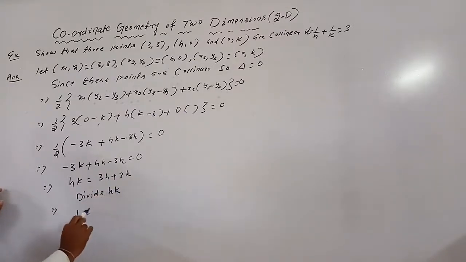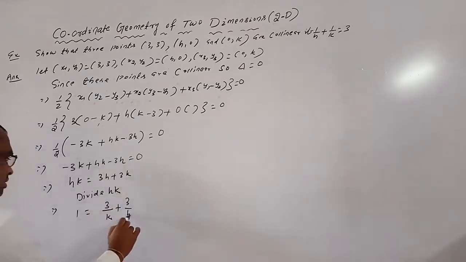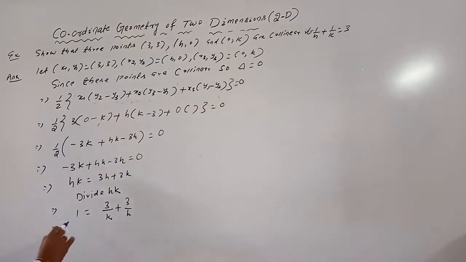Okay, so 1 equal to 3 by k plus 3 by h. That implies 1 by 3, or you can write 1 by h plus 1 by k.